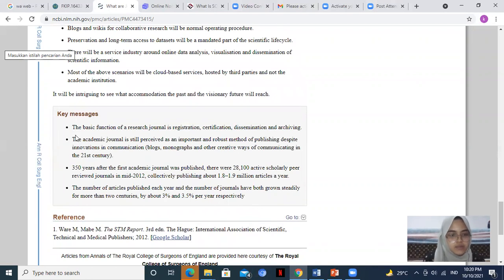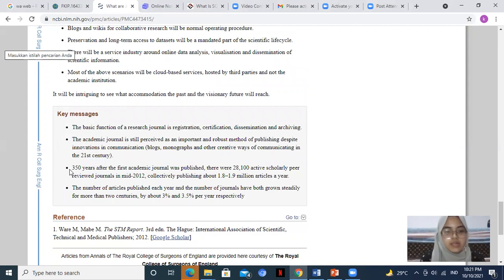Excuse me, I want to read the key messages first. The basic function of a research journal is registration, certification, dissemination, and archiving. So the academic journal is still perceived as an important and robust method of publishing despite innovations in communication.